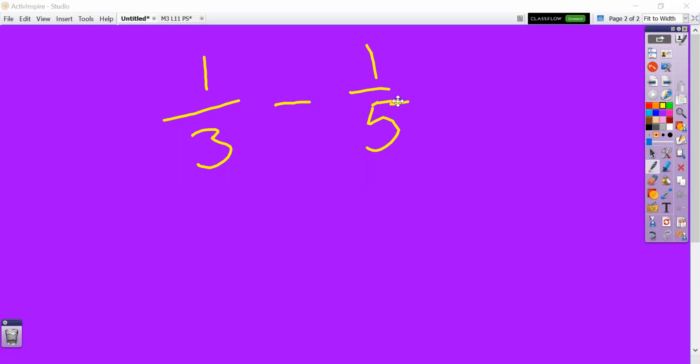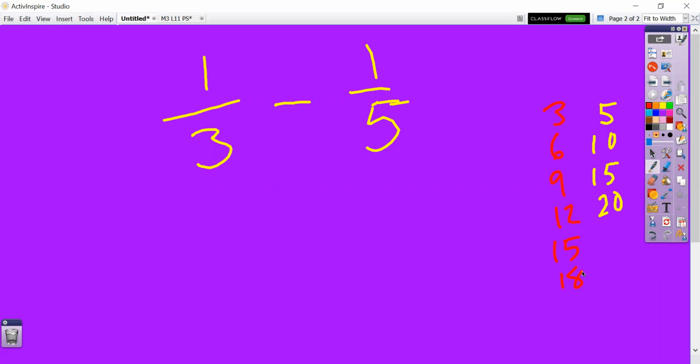And this is where we were talking about in the last week or so, counting by your units, multiples of your units. So I'm going to count by fives, 5, 10, 15, 20. And then I'm also going to show counting by my thirds, 3, 6, 9, 12, 15, 18.